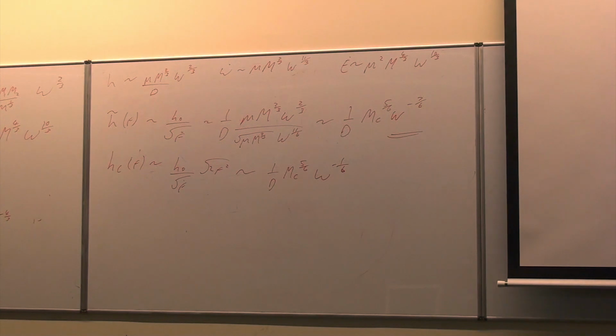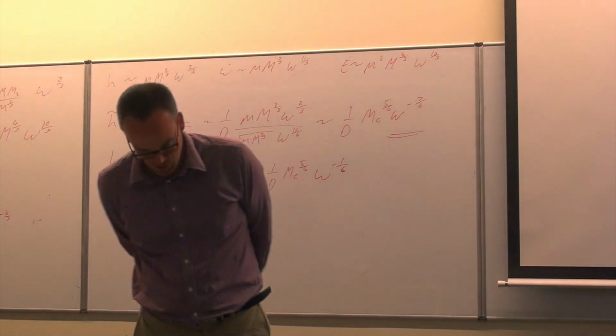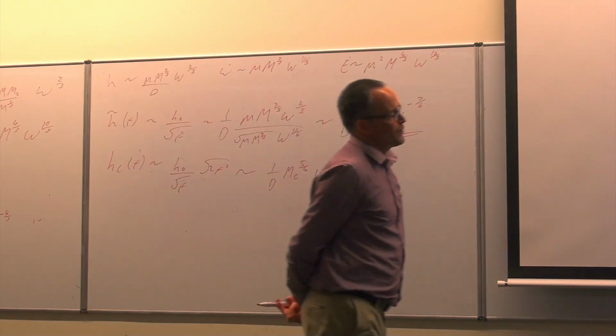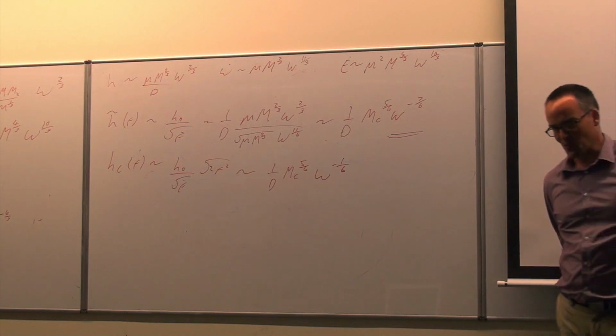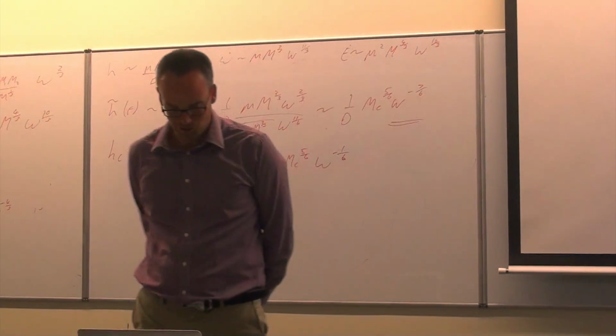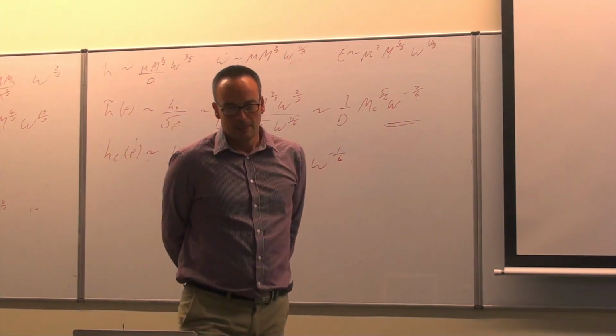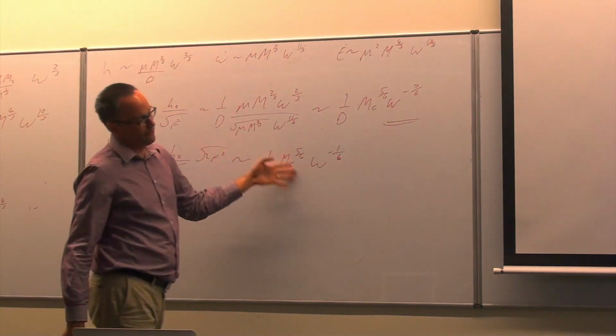So this is something you don't really come across that much. I mean, you may hear people talking about f to the minus 7/3 for h tilde squared. F to the minus 1/6 is rarely talked about, though if you know what characteristic strain is, that's what you should see in the Newtonian regime. Okay, so we've dropped factors of G's and c's and things in various places.